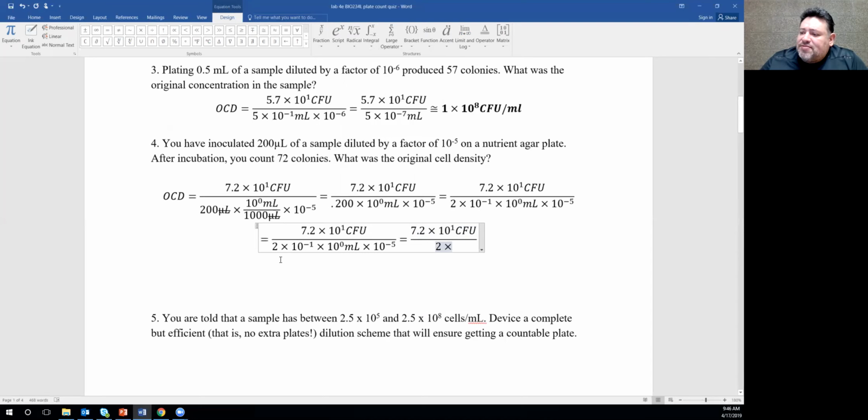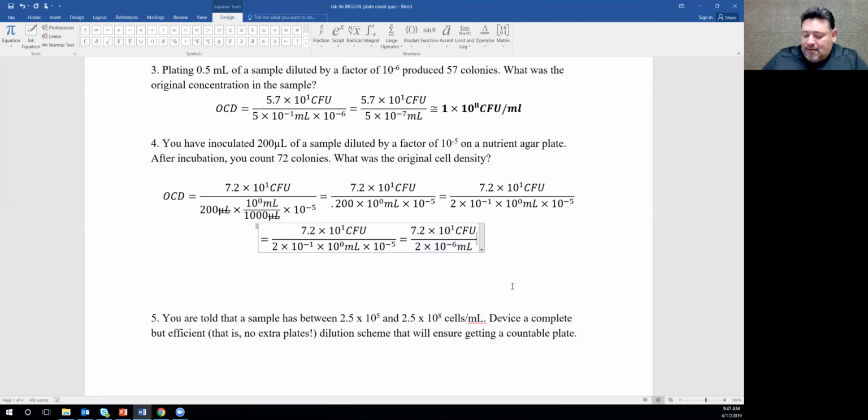Here we have 1 exponent, 2 exponents, 3 exponents. They're all being multiplied. The base is going to be 10. And then we're going to add the exponents. We have a -1 plus a 0 plus a -5. So -1 plus 0 is -1, and -5 makes -6. And the units are going to be milliliters.